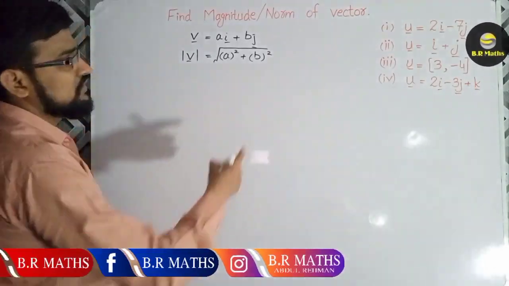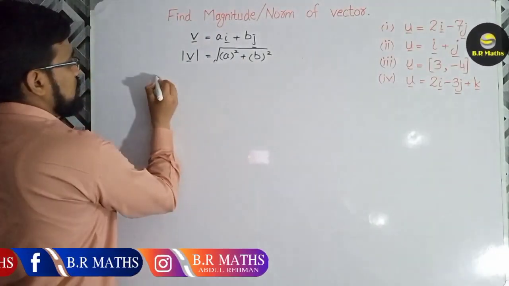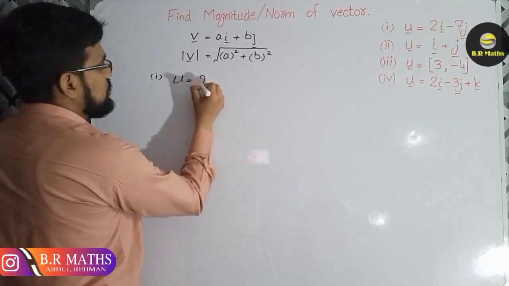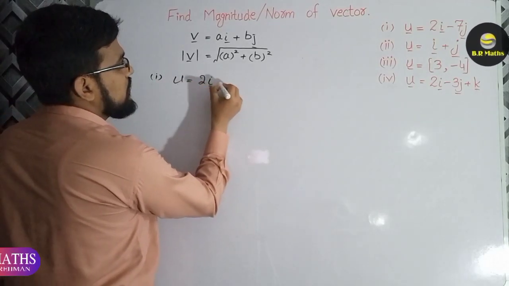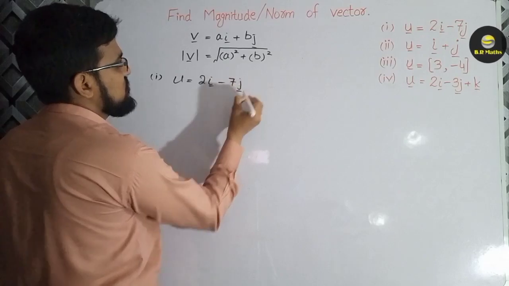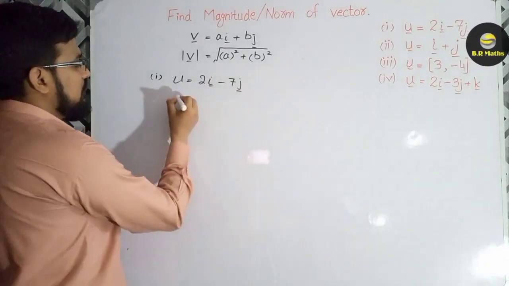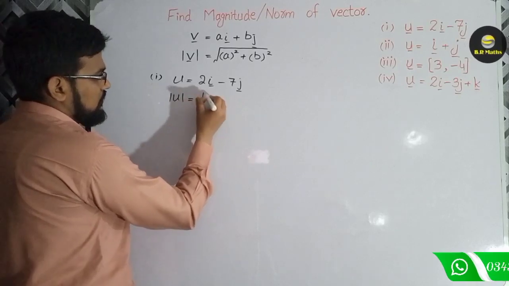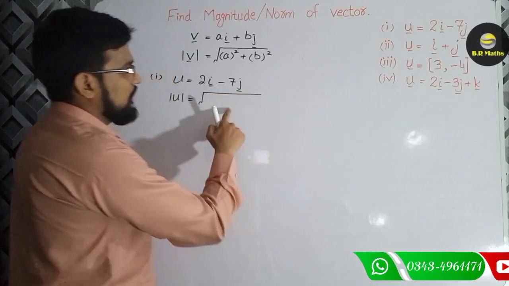First of all, the first question is: u is equal to 2i plus 7j. Find the magnitude. Apply the rule.